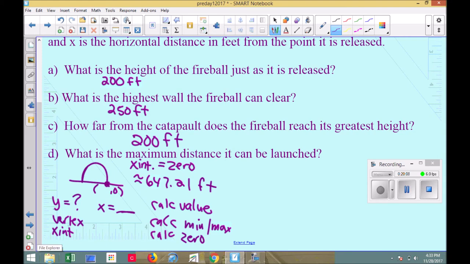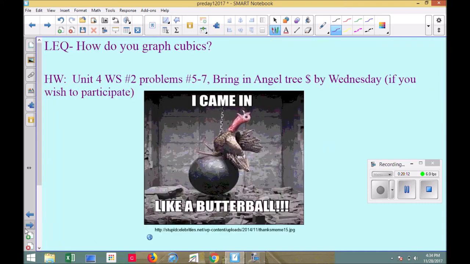Okay, so for homework, I would like you to work on something that I already assigned. You already did worksheet 2, problems 5, 6, and 7, but you did them originally by hand using the algebra techniques. So now I want you to redo those problems using the graphing calculator. It's not really something that you necessarily need to write anything else down for, as you already have all the work and answers.